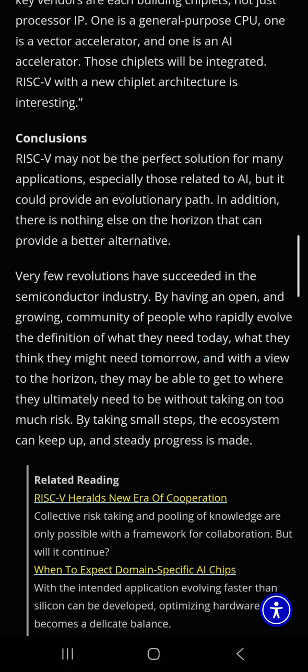Very few revolutions have succeeded in the semiconductor industry, and by having an open and growing community of people who rapidly evolve the definition of what they need today, as they think about what they might need tomorrow, they may be able to get to where they ultimately need to be without taking on too much risk. By taking small steps, the ecosystem can keep up and steady progress is made.